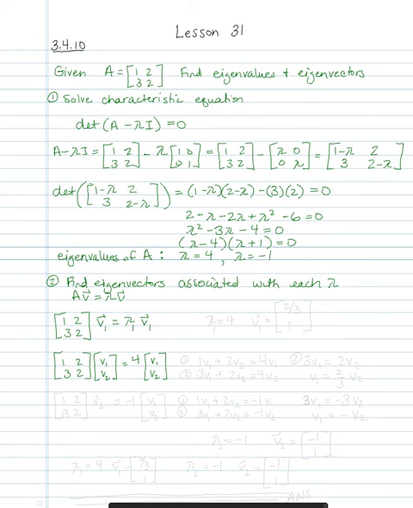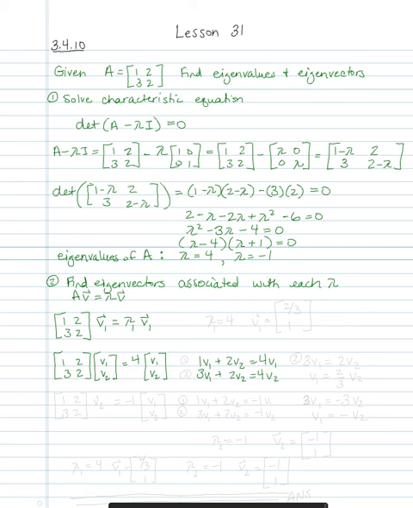And when we come up with the series of equations for this, we get 1v1 plus 2v2 equals 4v1, and 3v1 plus 2v2 equals 4v2.